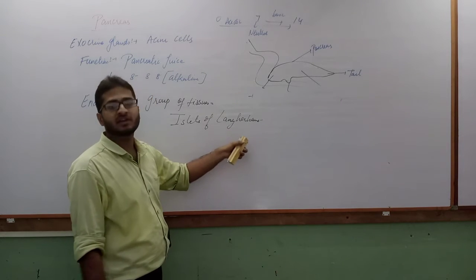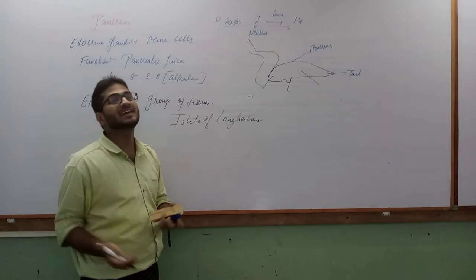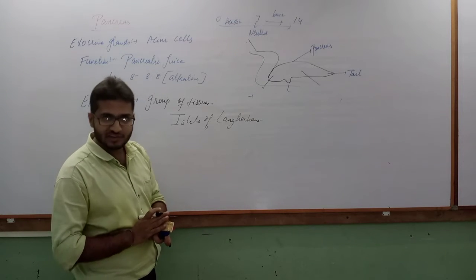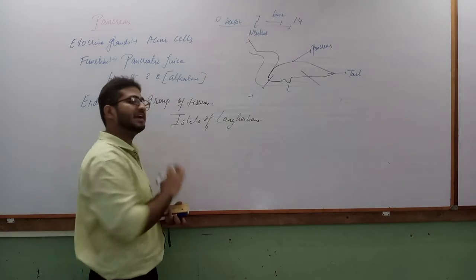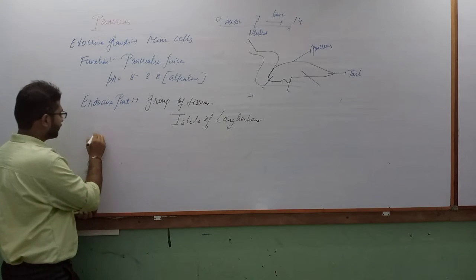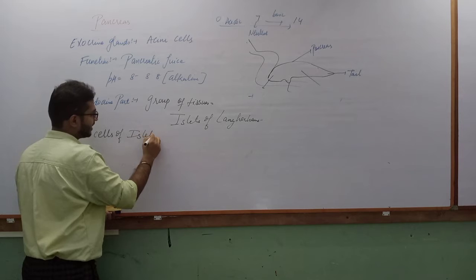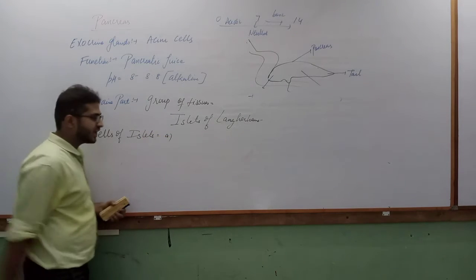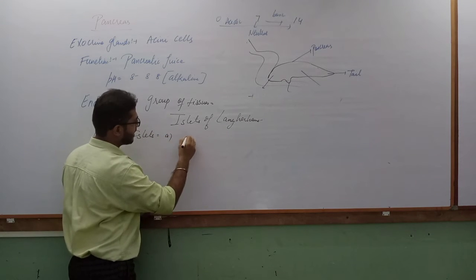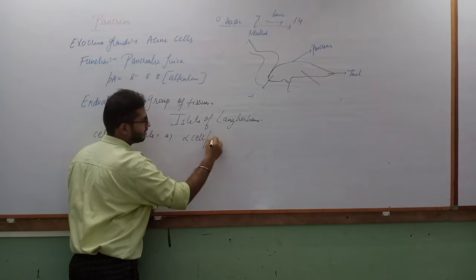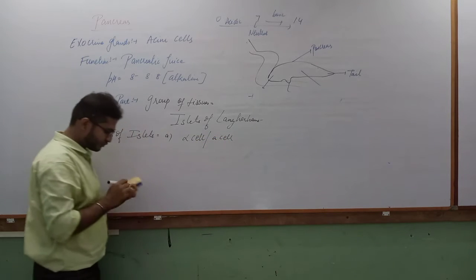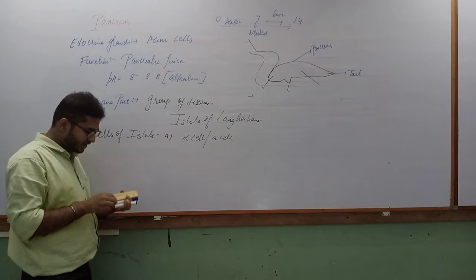Now these islets of Langerhans, which are a tissue, have varieties of cells. The main four cells present in the islets of Langerhans are: first, the alpha cell, also called the A cell.